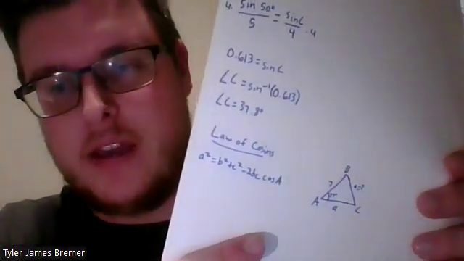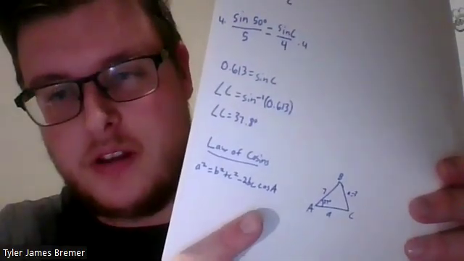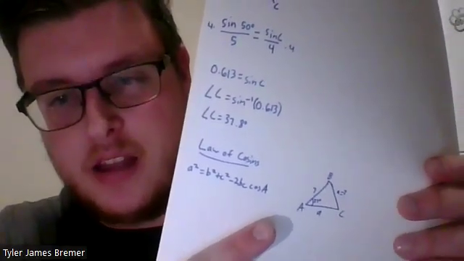We're going to try to find side a on this one. So this one will have side b, side c, and angle A. Okay, so where I have set up, side c is 7, side b is 9, and angle A is 37 degrees.